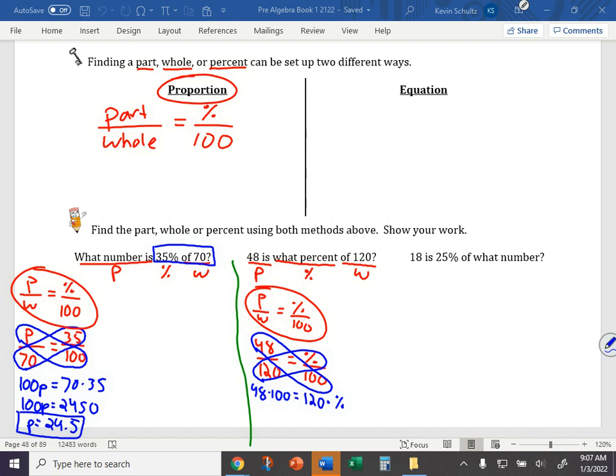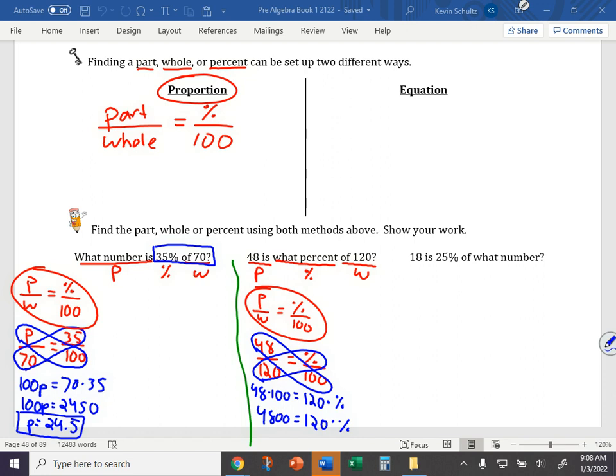Now 48 times 100 is 4,800, that is correct. And how are we going to get that percent by itself? It says 4,800 equals 120 times our percent. We want to get that percent by itself. What are we going to be doing here? Think back to solving one-step equations.